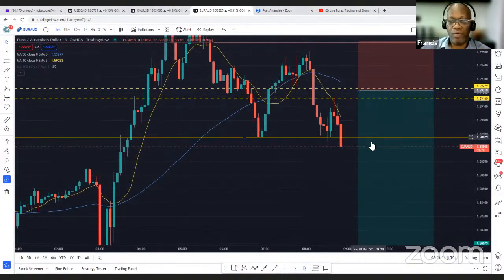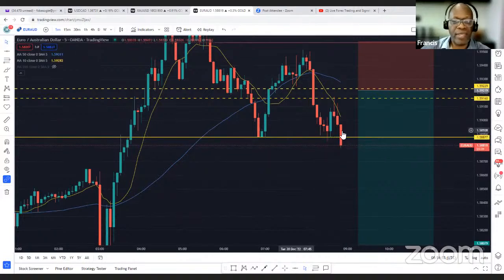Okay, so we're going to wait for this candle to close now. We might be getting into it, since it touched that area where I said I would have preferred to enter. So we're going to be looking to get in soon.